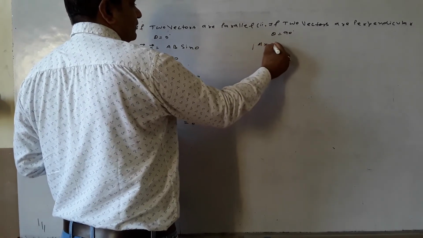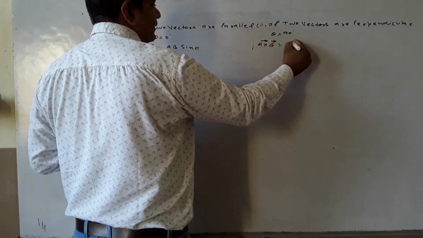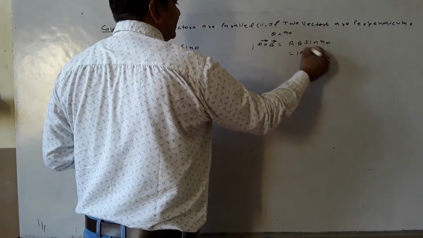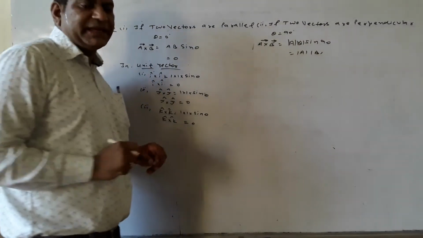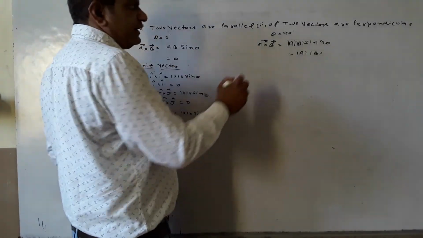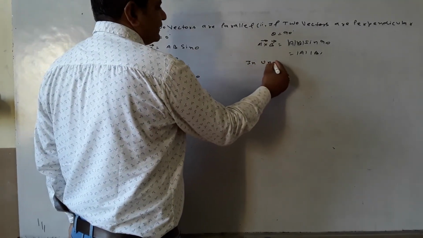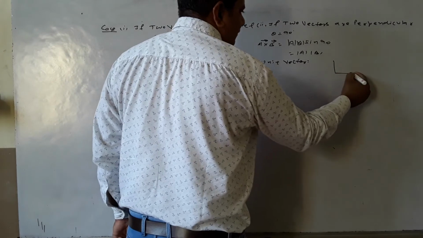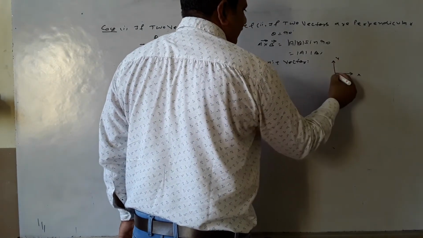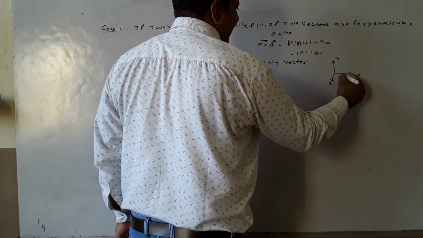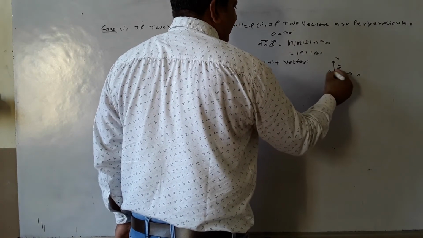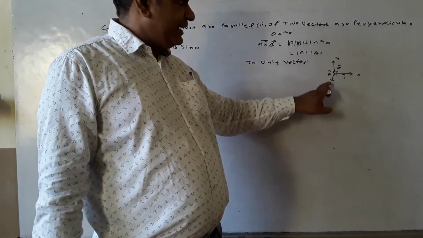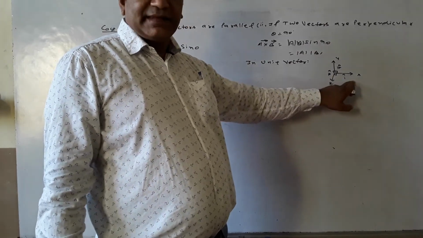A cross B is A into B sin 90, so we can write the magnitude of A into the magnitude of B. So A cross B is equal to mod A into mod B. In unit vectors, now take the x-axis, y-axis, z-axis, with I cap, j cap, and k cap. Between x and y the angle is 90, y and z the angle is 90, z and x the angle is 90.